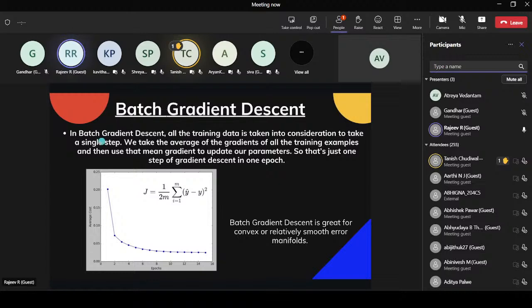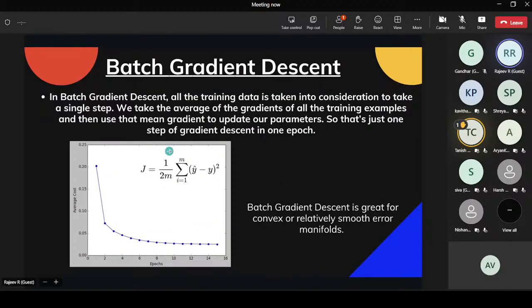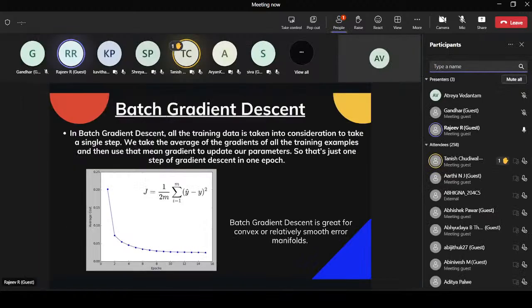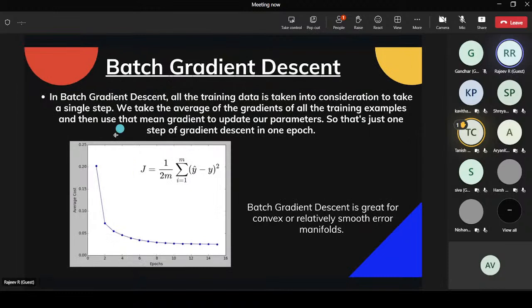Batch gradient descent has exactly one iteration per epoch. That means you cover all the samples in the data set in a single iteration. An example is the mean squared error, which I spoke about in the first few slides. You use one iteration and compute the mean squared error.